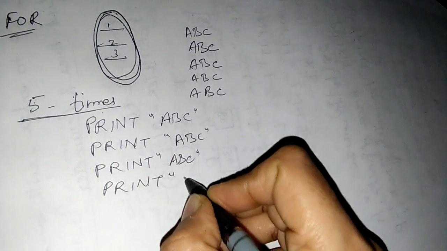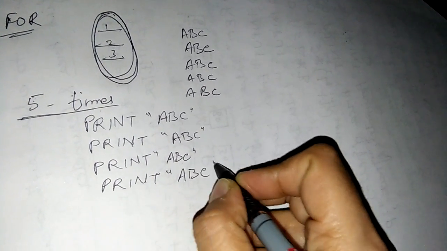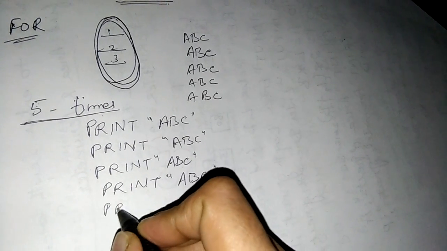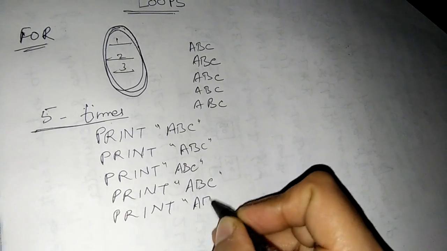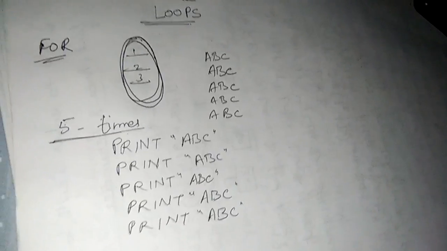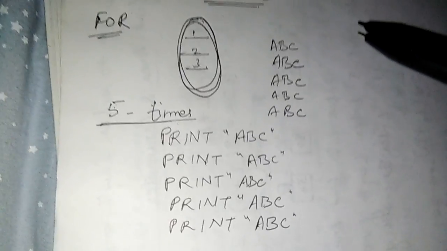For small numbers we can repeat the executable statements, but for larger numbers it becomes a problem.